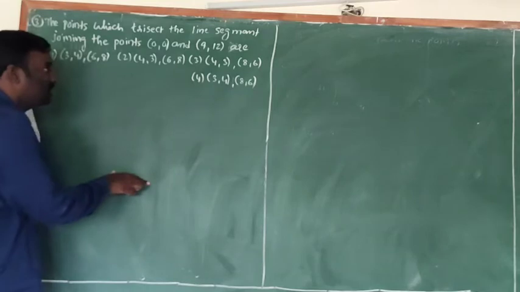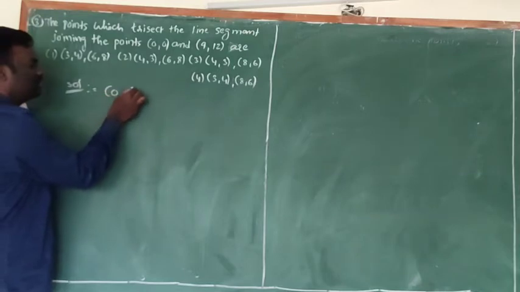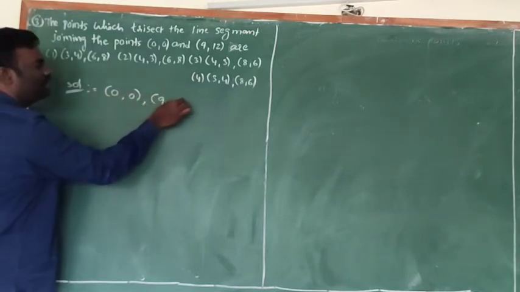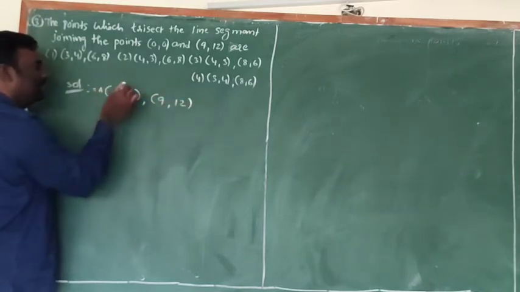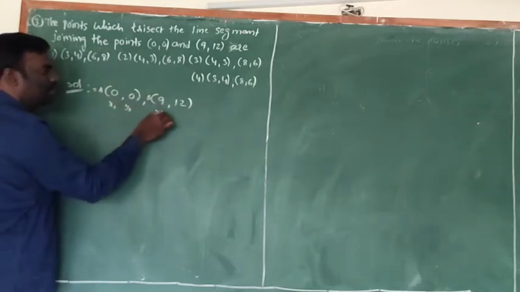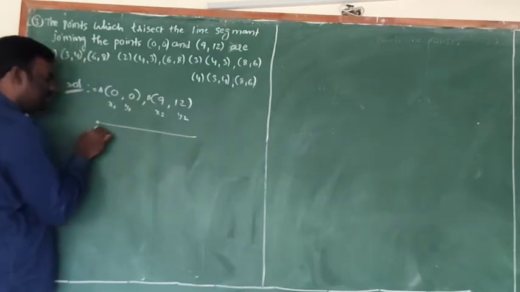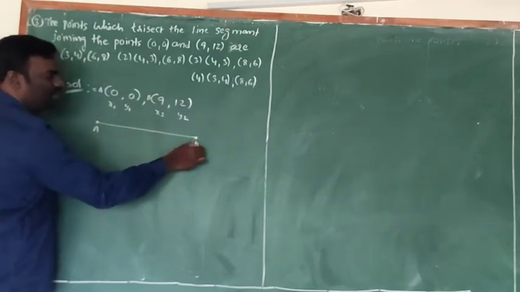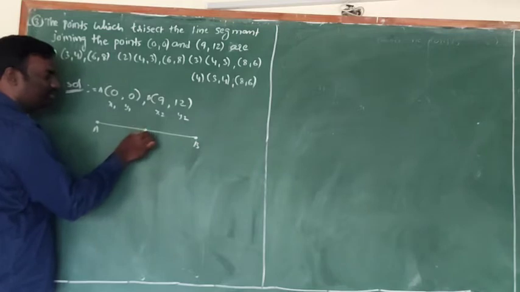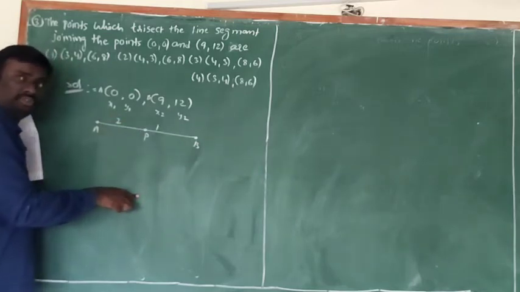One is 0, 0. One is 9, 12. I am taking this as A and this as B, x1, y1, x2, y2. Points of trisection means the point which divides in the ratio 2:1 as well as 1:2.